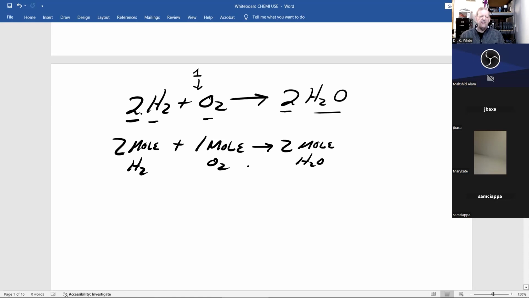Now, the coefficients are exact numbers, but this tells me for every 2 moles of hydrogen that I react with 1 mole of oxygen, I'll make 2 moles of water.